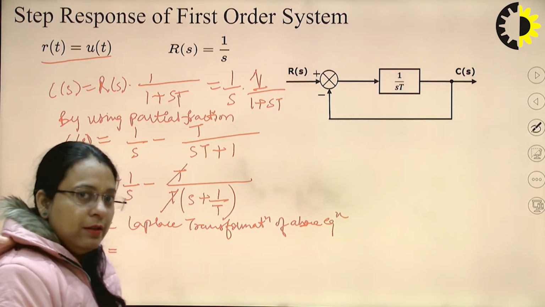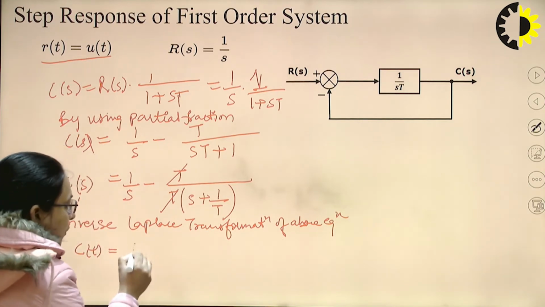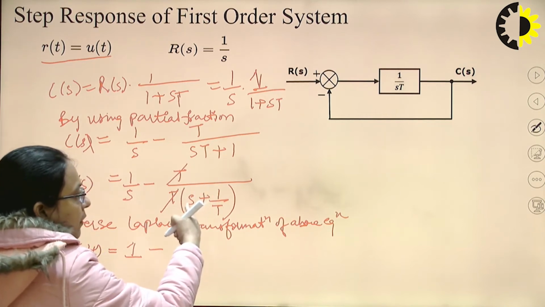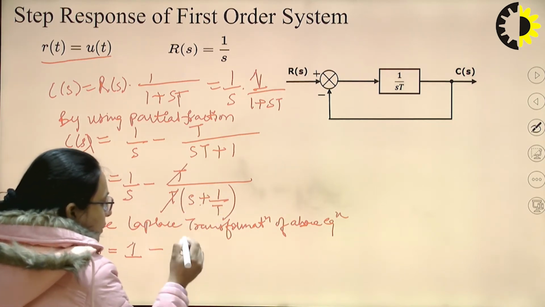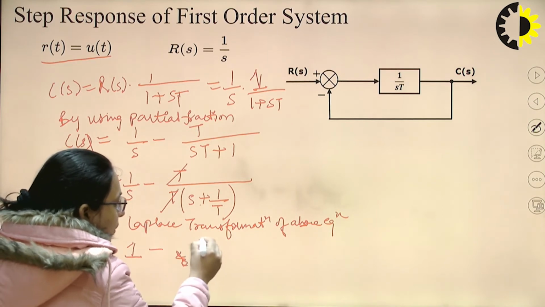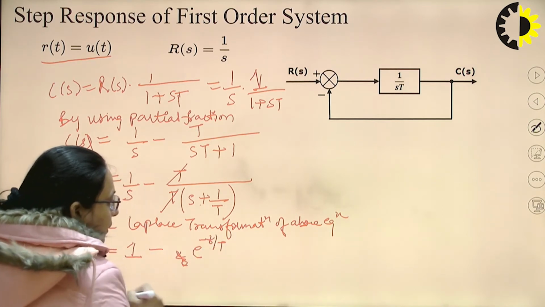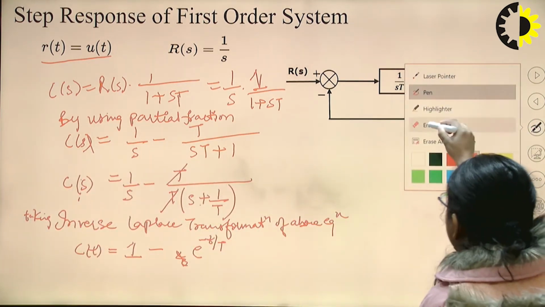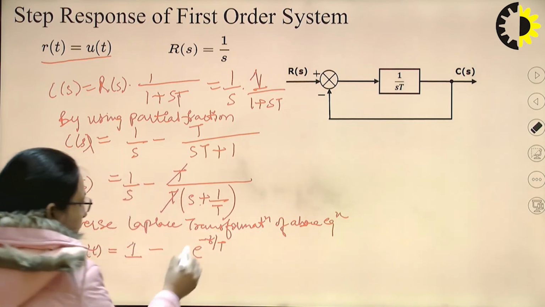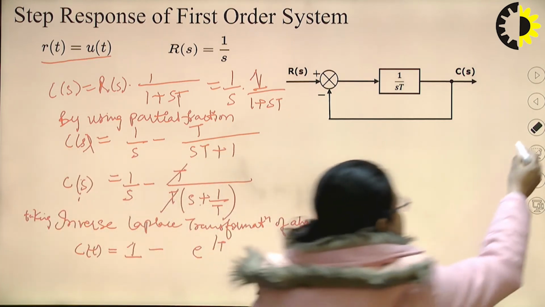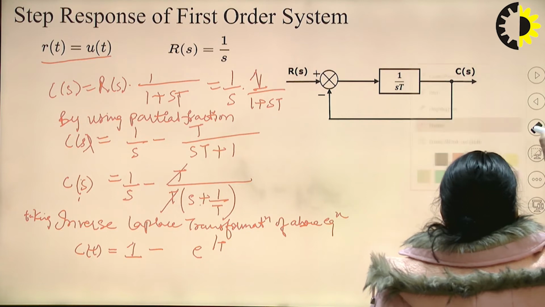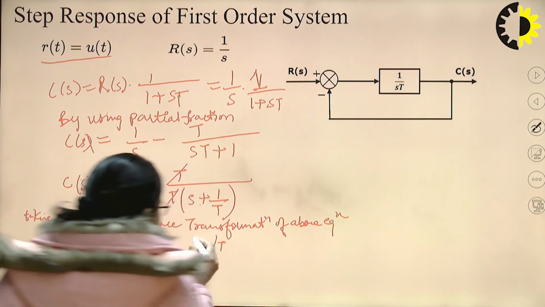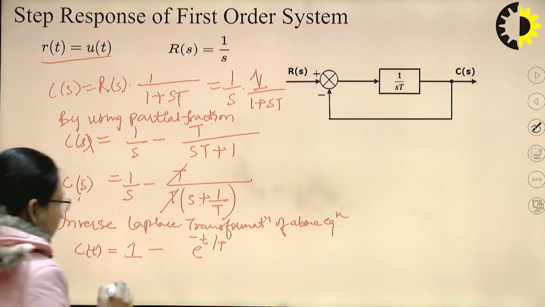That is the step function, and you can write it as 1 also, either u(t) or 1, minus 1 upon s plus 1 by T. The inverse Laplace transform of this will be e raised to the power minus t by capital T.